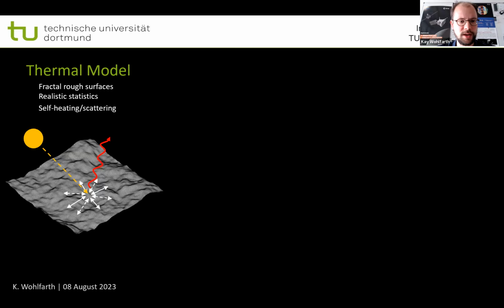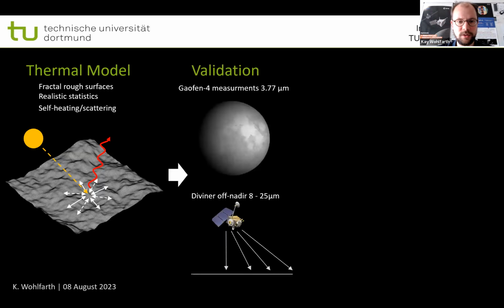So this thermal model takes rough surfaces, realistic lunar statistics, and self-heating and self-scattering, which means that it also includes illumination and heating between small surface elements, which is another effect that determines the thermal environment. I came up with this model and validated it with measurements from the Chinese weather satellite, the Gaofen 4 satellite, that was tilted by 180 degrees.